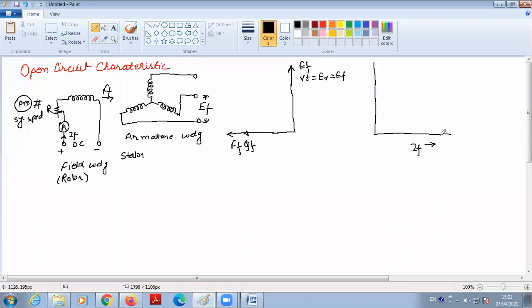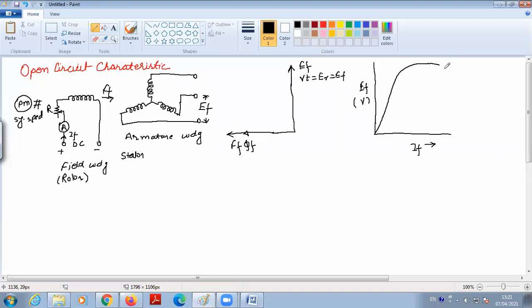On the y-axis, it is the excitation EMF Ef in volts. At zero current, the excitation EMF is also zero, and as the excitation current increases, the voltage also increases. The first part is the linear part, and after some time the field becomes saturated, and it gives the saturation curve.